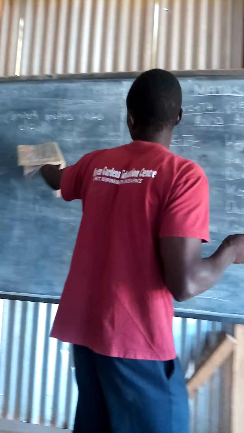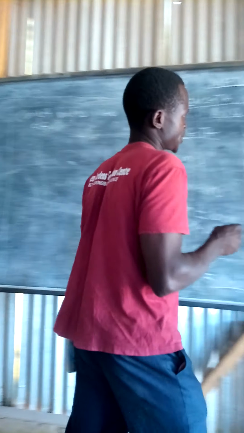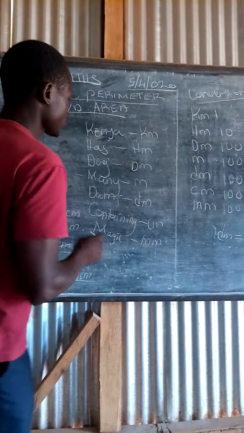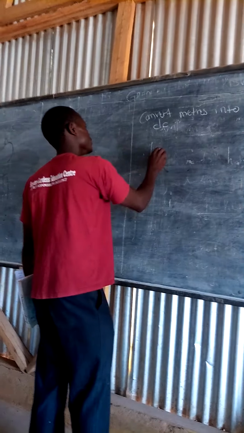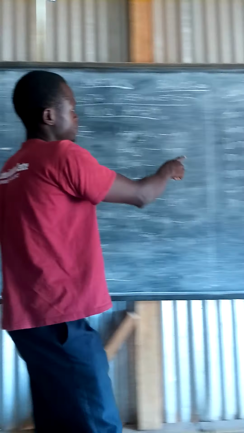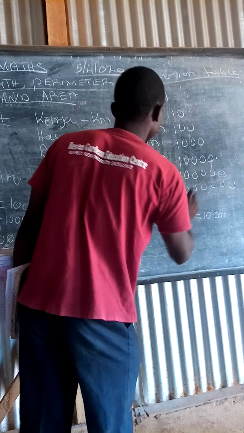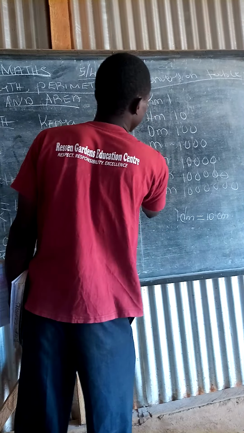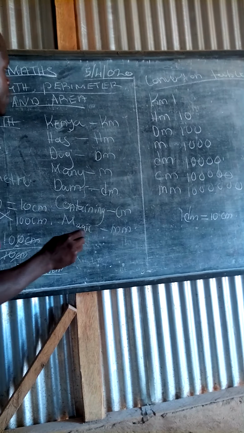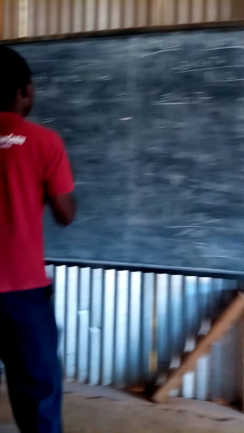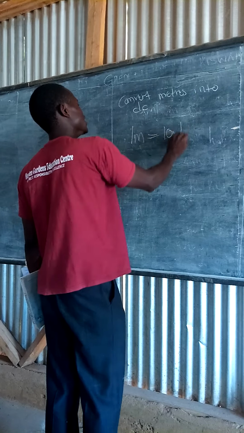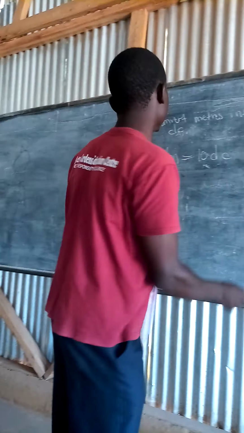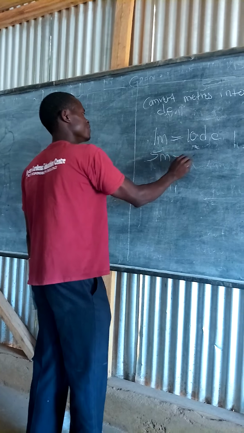Then you look at where meters is. We have meters, we also have decimeter. If 1 meter is equivalent to 10 decimeter, what about 5 meters?